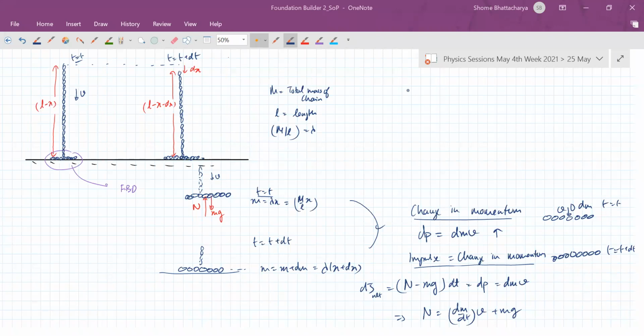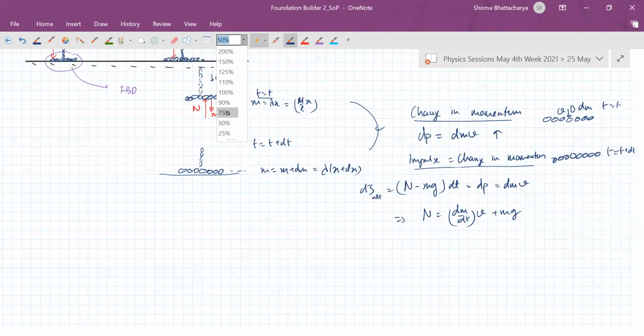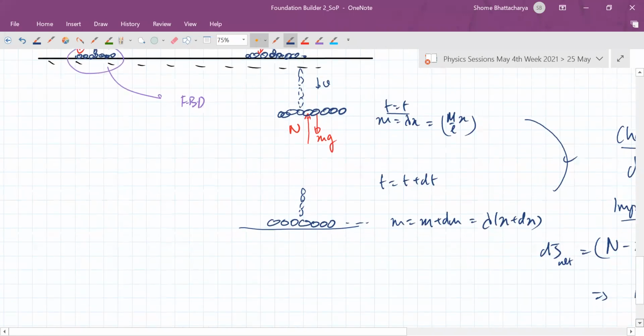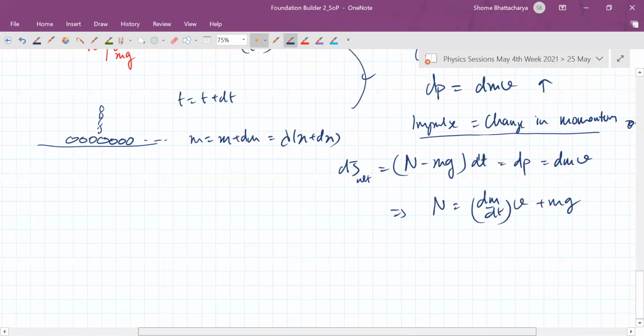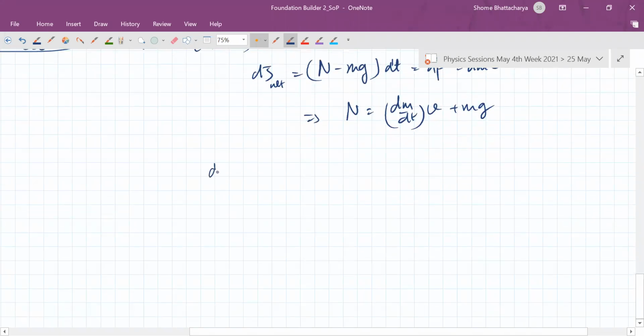Okay, so now how will we calculate this dm by dt? Dm is the mass which adds to the pile on the ground in time dt, right? So dm is the mass added to the portion on the ground from t to t plus dt.